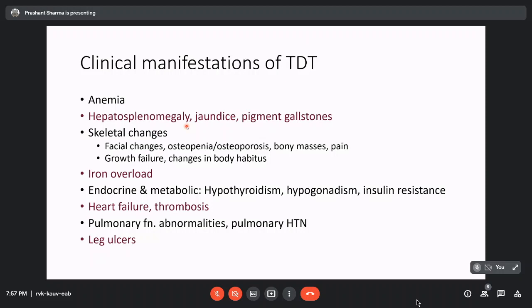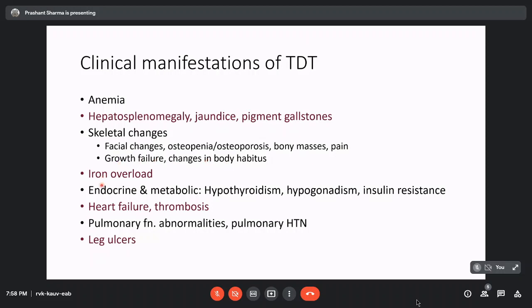So in transfusion-dependent thalassemia or thalassemia major, these include very severe anemia, hepatosplenomegaly, jaundice, pigment gallstones, a plethora of skeletal changes. The typical thalassemic facies characterized by maxillary prominence, malar prominence, prognathism, and so on, osteopenia, osteoporosis, bony masses, they can have extramedullary masses, pain, growth failure, changes in body habitus.